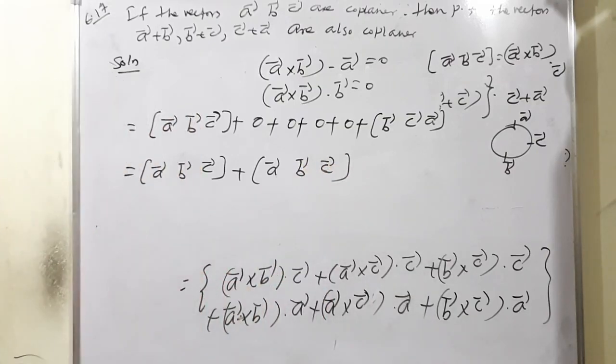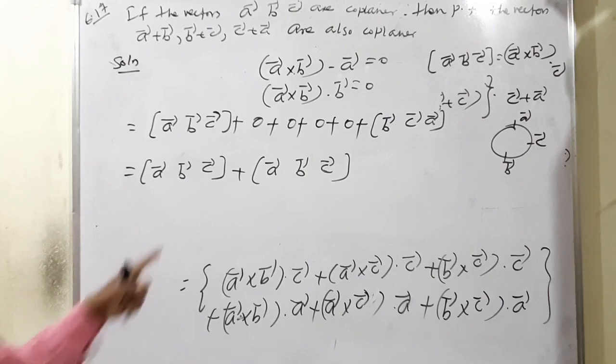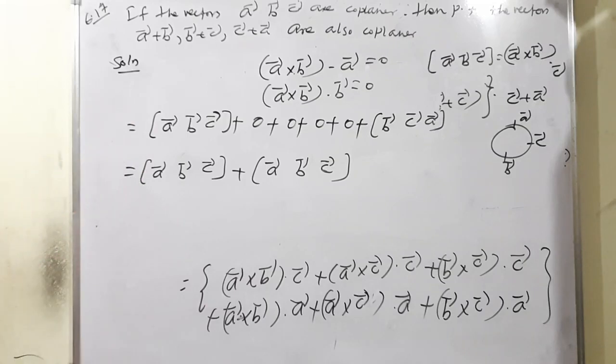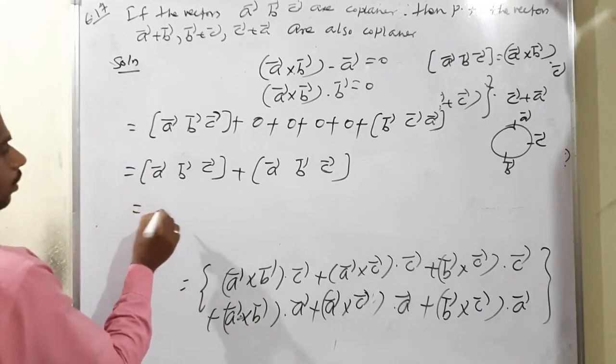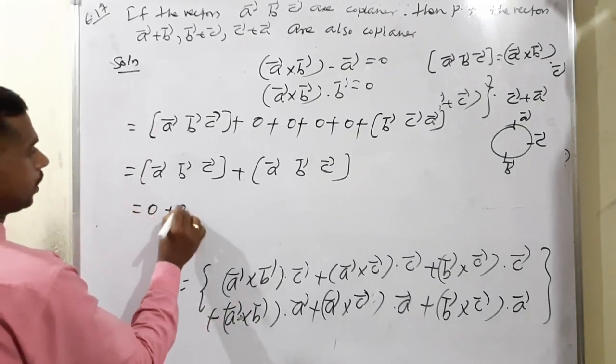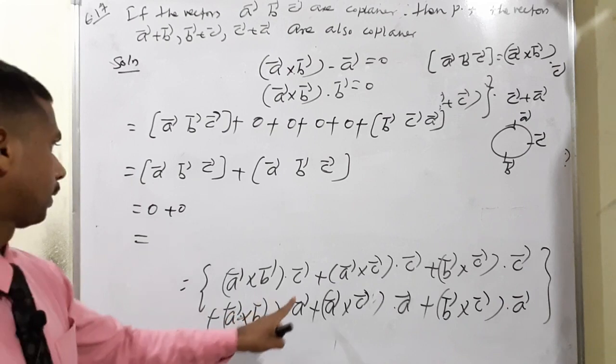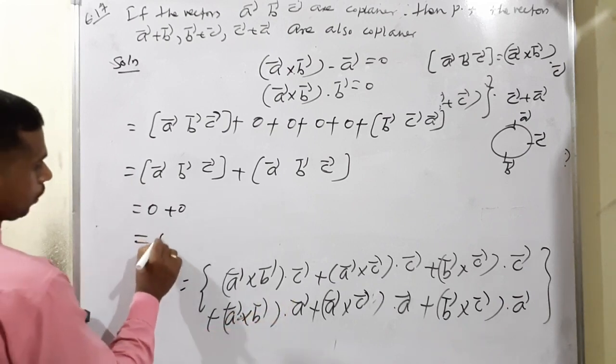So A vector, B vector, C vector is there, and the cross product also gives 0. So 0 plus 0 means 0.